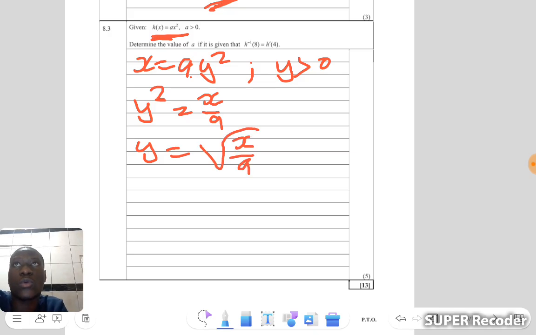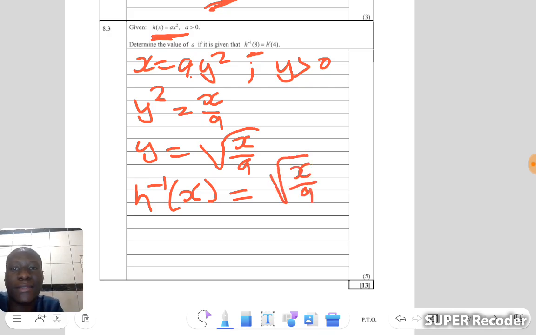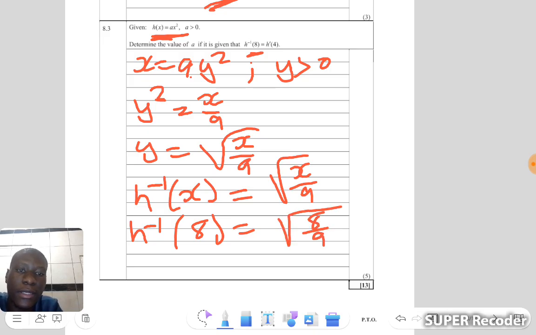Now we are going to apply what we are given, this one here, x, but we know it's 8, equals x over a. So let's substitute what we are given, which is 8, equals 8 over a. Because 8 is x here, I also substitute this x with 8, right?